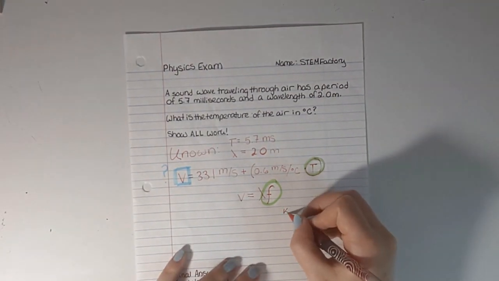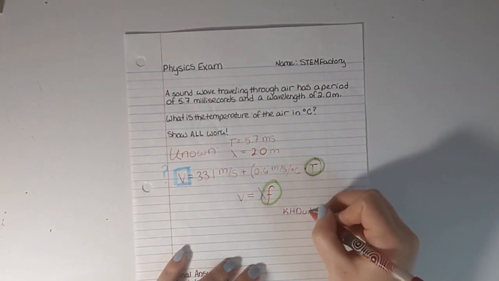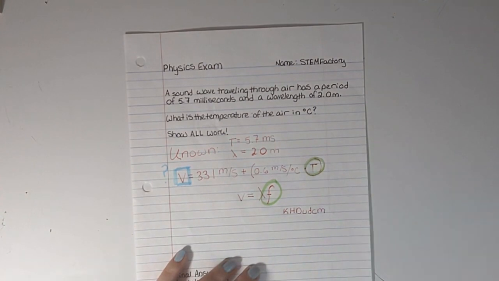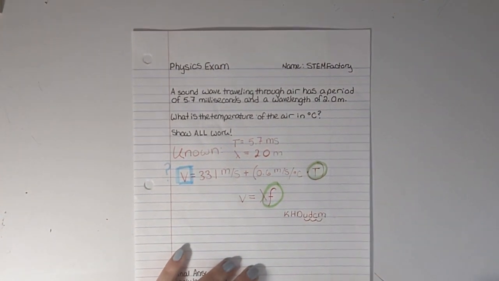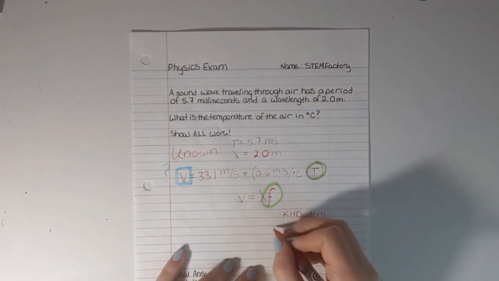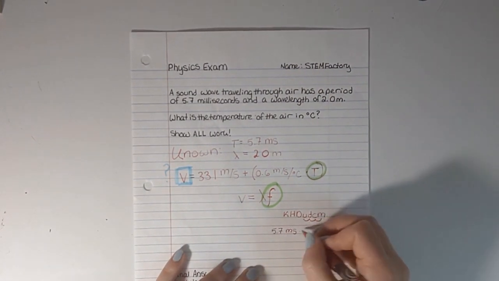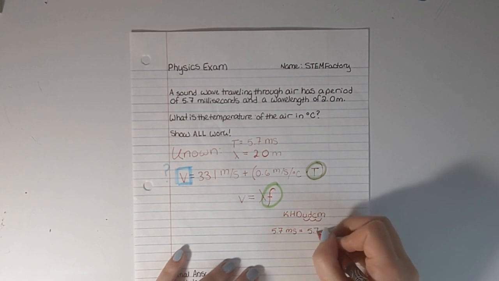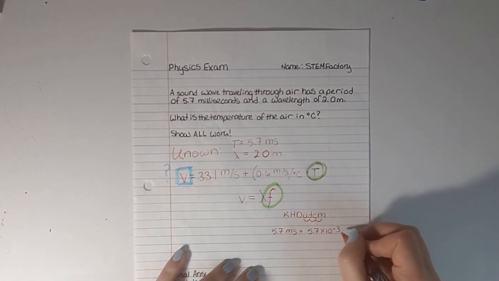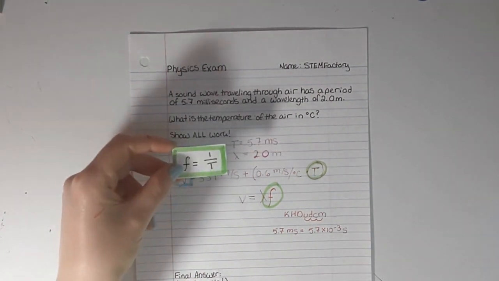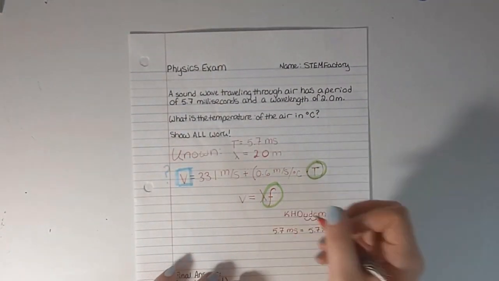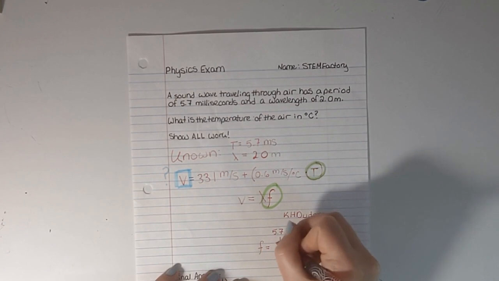Now, noting that our period is given in milliseconds instead of seconds, to get us to the standard unit for frequency, Hertz, we need seconds, because Hertz actually represents cycles per second, or inverse seconds. 5.7 milliseconds can be represented as 5.7 times 10 to the negative third seconds, and so we can set up our formula and solve for our frequency.